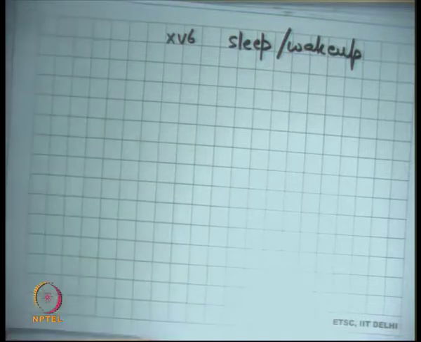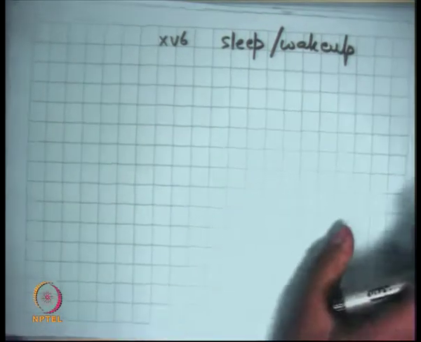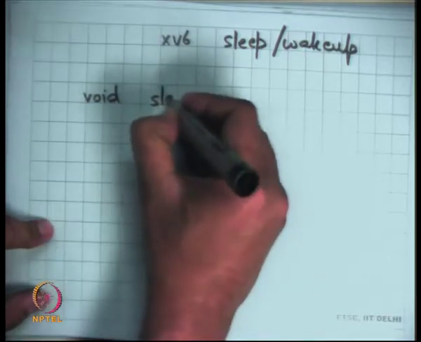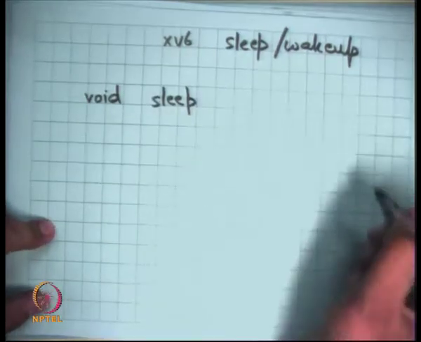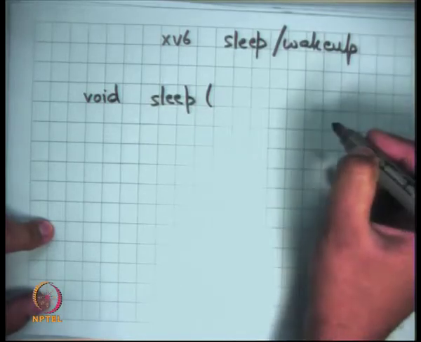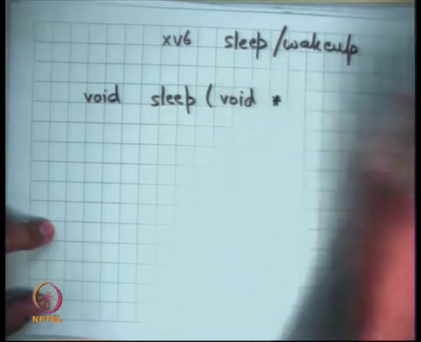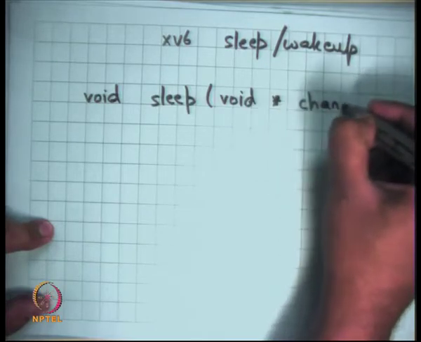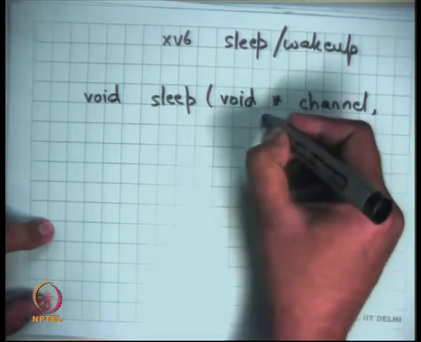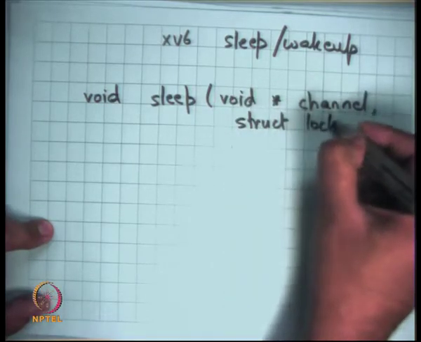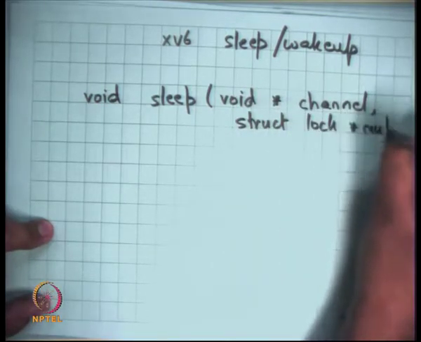So you have a function called sleep. Let's look at the signatures of the functions. There's a function called sleep that takes an argument void star channel, and we'll discuss what the channel is, and struct lock star mutex.